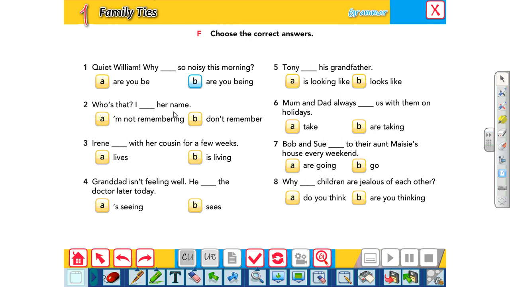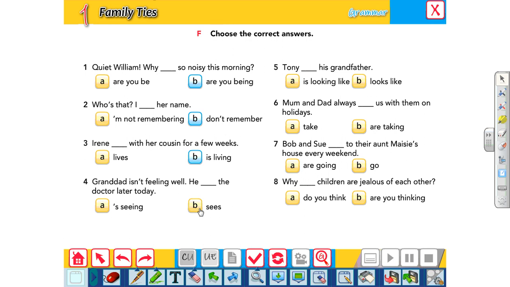I don't remember her name. Can you remember that remember is one of the stative verbs? So, don't remember. Erin lives or is living with her cousin for a few weeks? We're going to check this all after we finish.